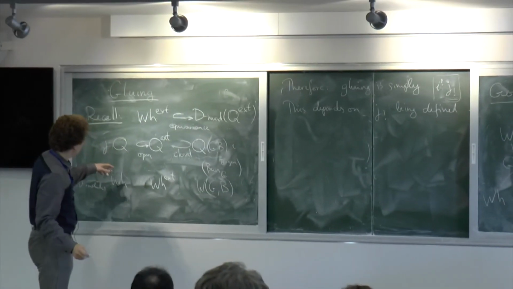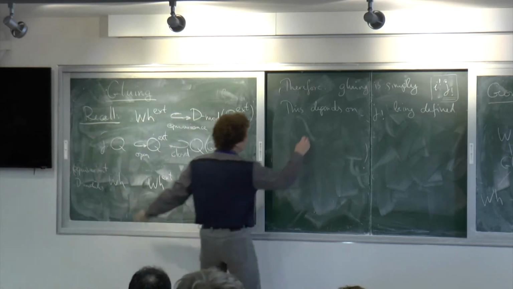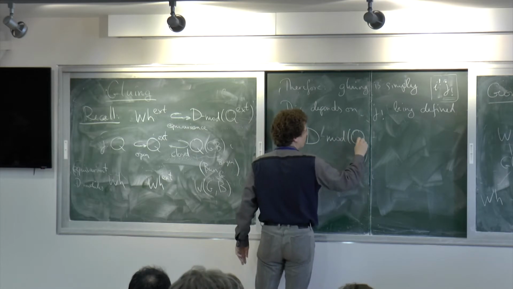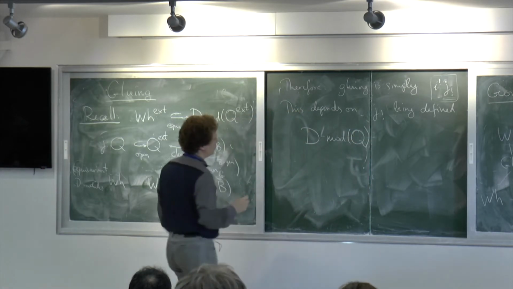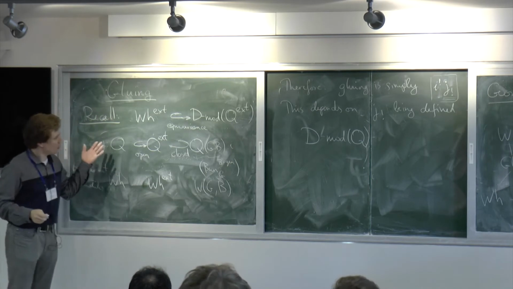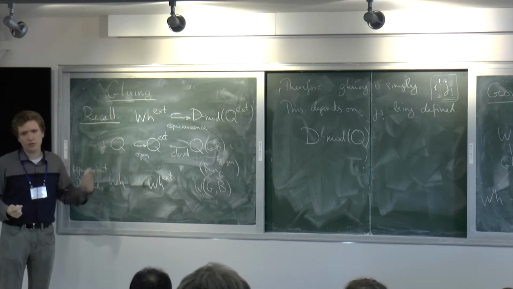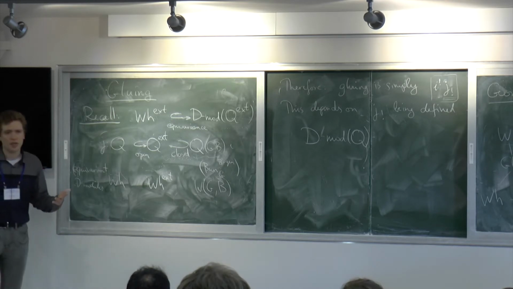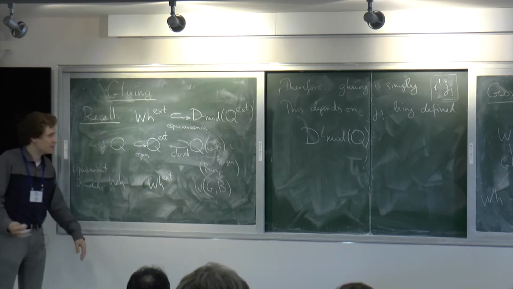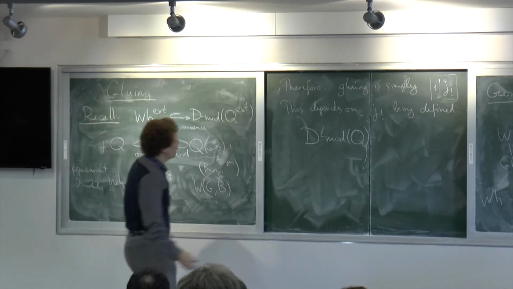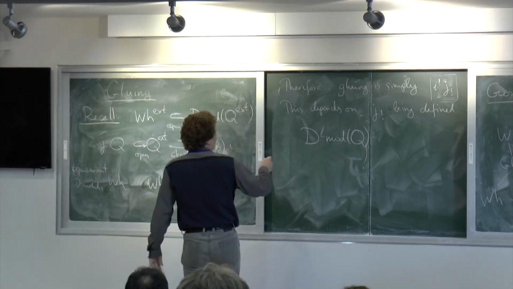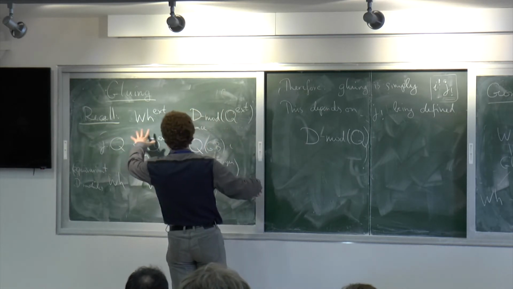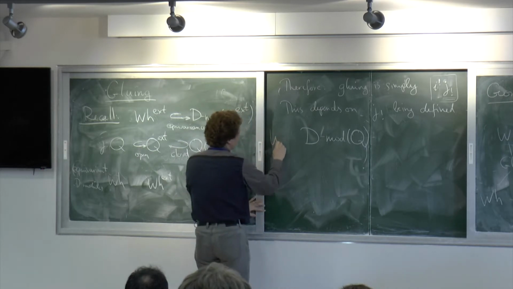So, in principle, J lower shriek, in an ideal world, will be defined on... So you can try applying it to D modules on Q, but then there's no reason to expect this to work if D modules are not holonomic. Generally speaking, this functor just won't work. So the claim is really that it is defined on the Whittaker category.